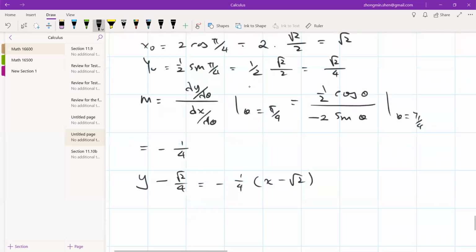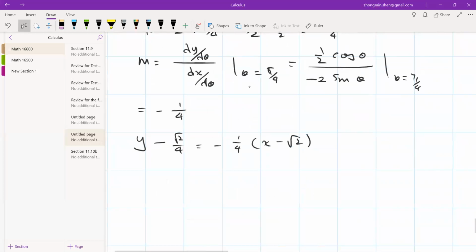This is the equation I like to see. Slope is negative. We see that at the very beginning.